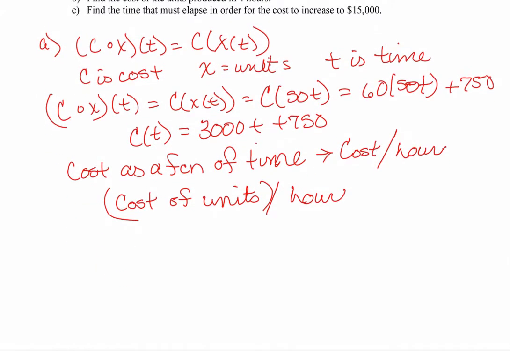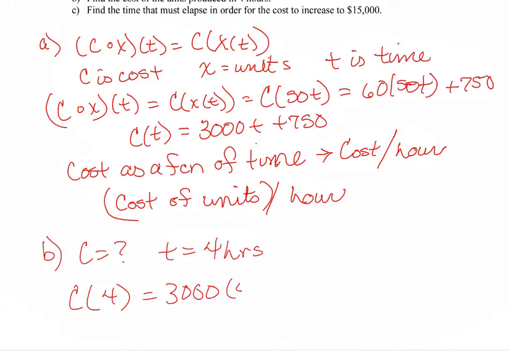So B says find C of 4. B says find the cost when t equals 4 hours. So that's find C of 4. So that's 3,000 times 4 plus 750.